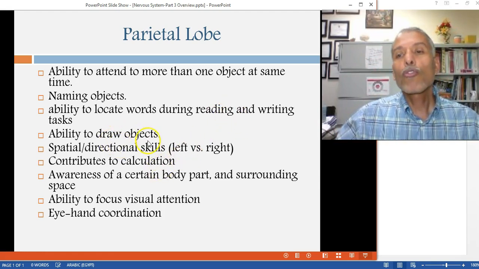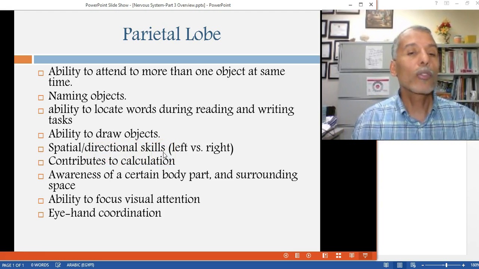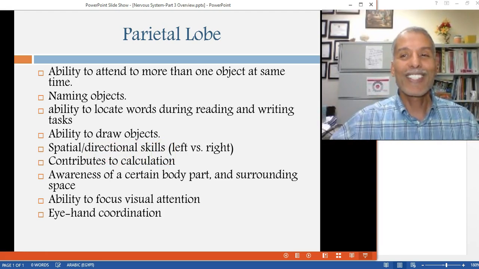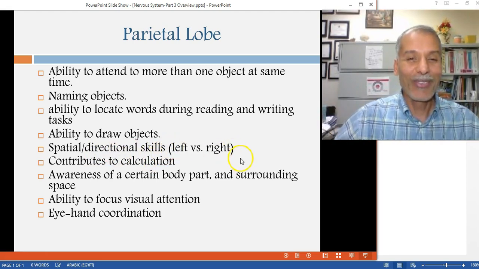The ability to draw or write, of course. Spatial directions, like finding where you parked your car in that huge garage instead of going around all over the place.